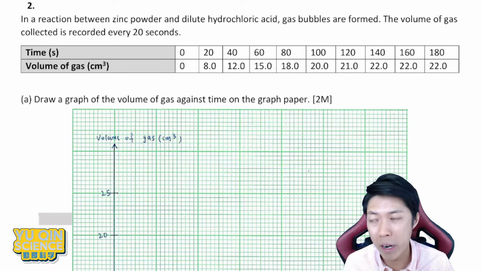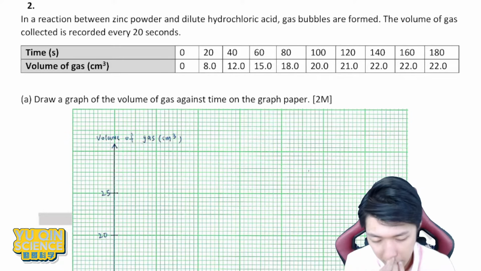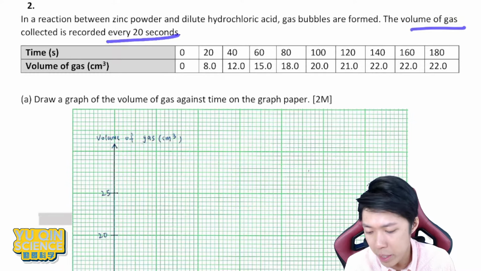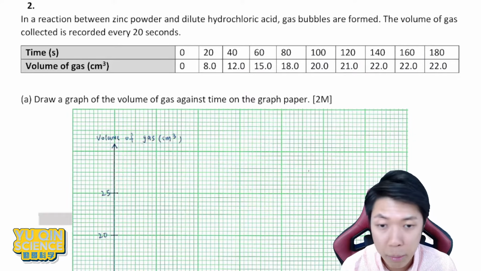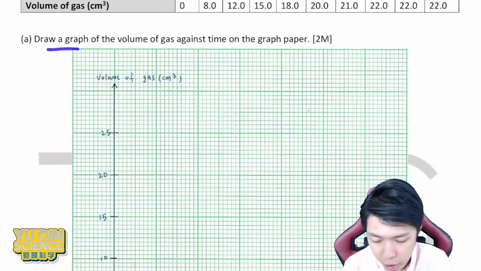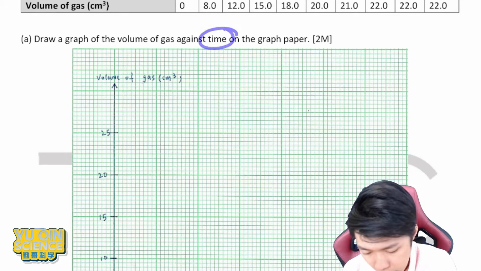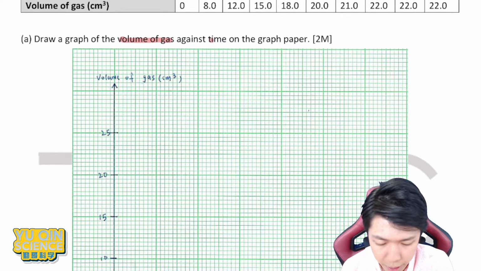But a little bit of background for you, this is from your lower form. When zinc with acid together, it forms hydrogen gas. Gas collected and recorded every 20 seconds. That's the interval. So a table is given. First question, draw the line graph to show volume of gas against time. Yeah, so volume of gas against time.